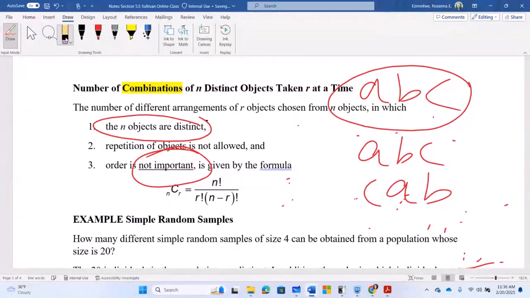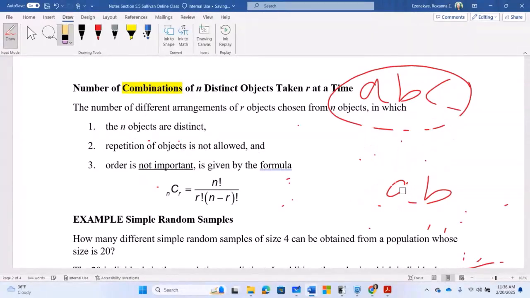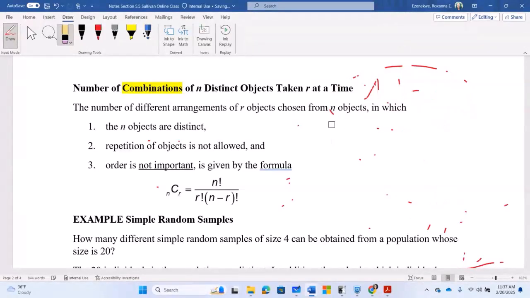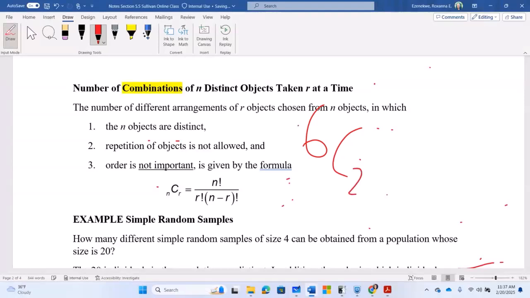All right, suppose I am given 6 combination 2.